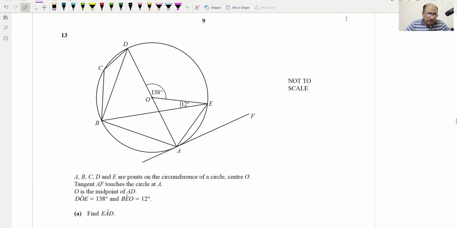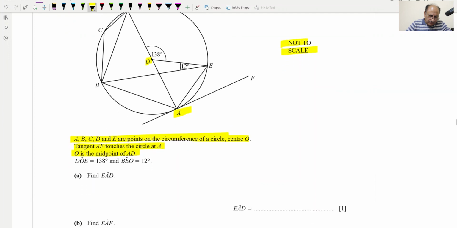Now question number 13. Question 13 is a circle theorem question. Keep in mind, the diagram is not to scale. You can't measure anything. So A, B, C, D, E are points on the circumference of the circle. The center is at O. This is the center. Tangent AF touches the circle at A. So this is the tangent which is touching the circle at A. O is the midpoint of AD, so AD is the diameter, and O is the center of the circle.